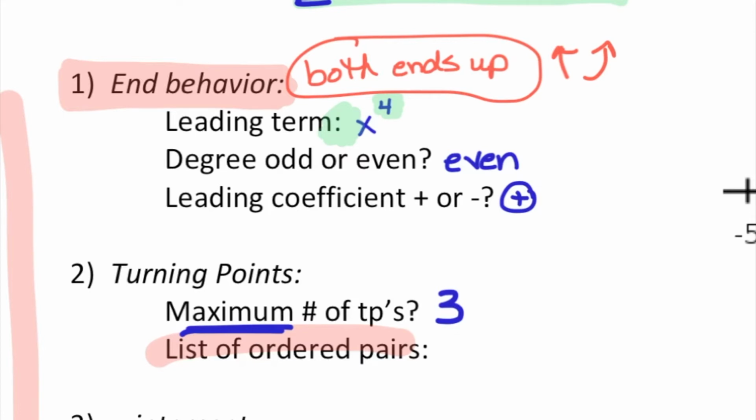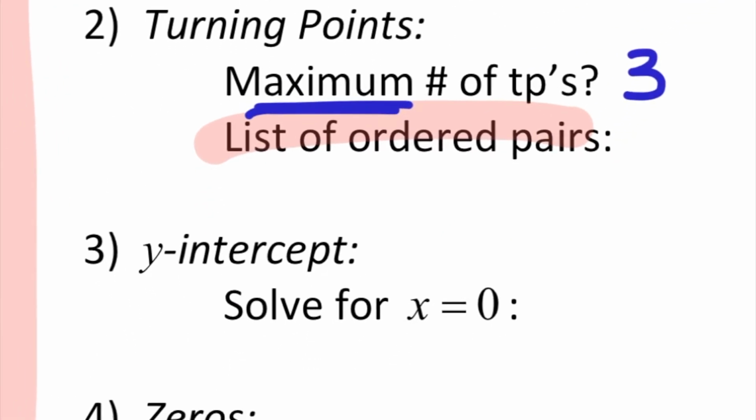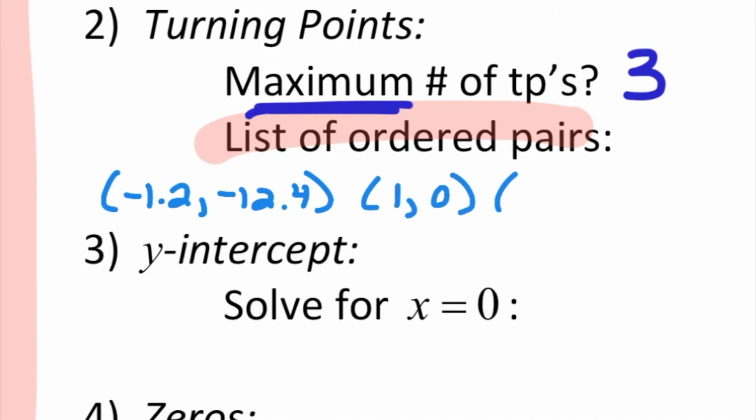At this place, you can write them out with just 1 decimal because really the goal is to graph everything. So the ordered pairs that I see on my graph are (-1.2, -12.4), (1, 0), and (1.7, -0.5).